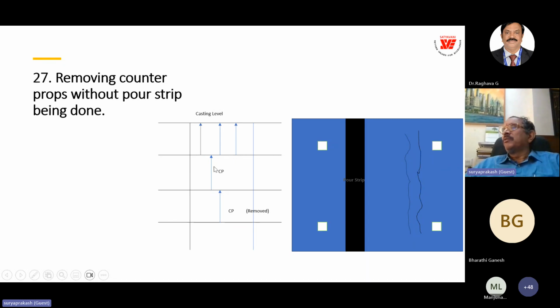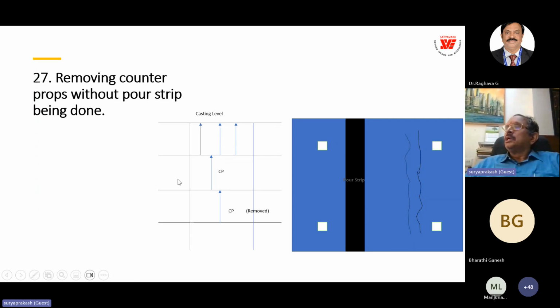Normally the code says to provide 1 counter prop, but because this is a pour strip, the slab has not yet attained its original strength. So we always suggested 2 levels of counter props, and you should not have pour strips unclosed in more than 2 levels. This is a very interesting case study.